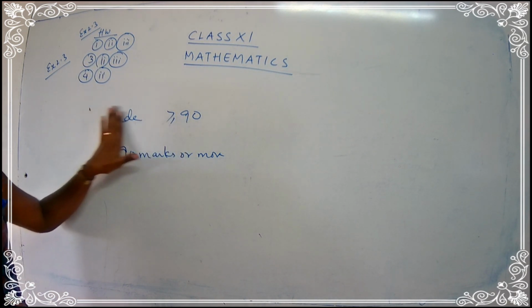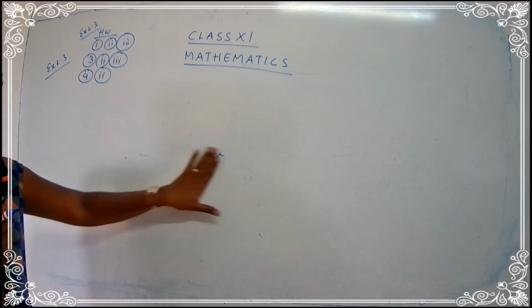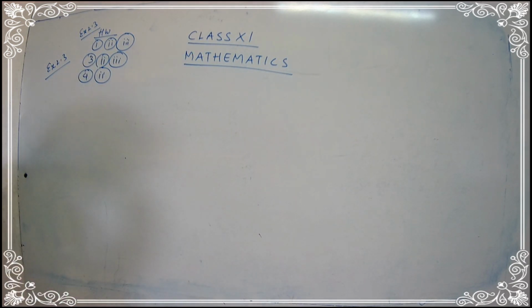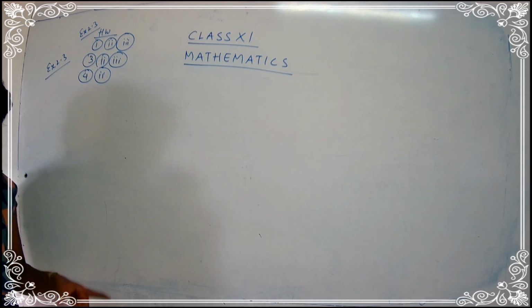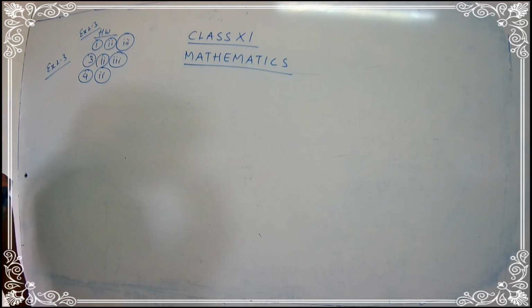Now they have given you the marks of 4 subjects, and our work is to find out the mark of the 5th subject, in such a way that he obtains an A grade. Let us go for the answer, children.